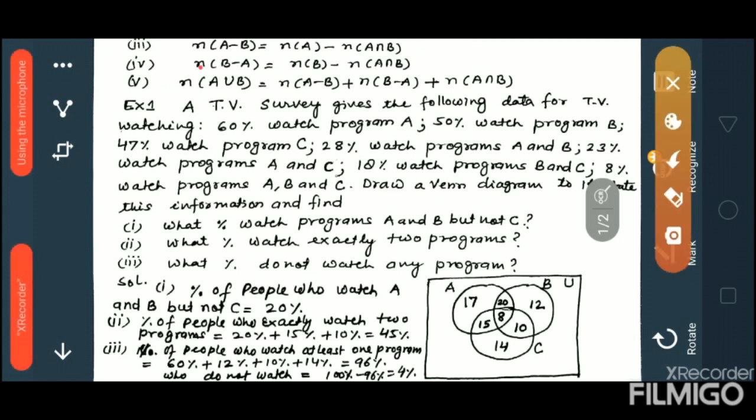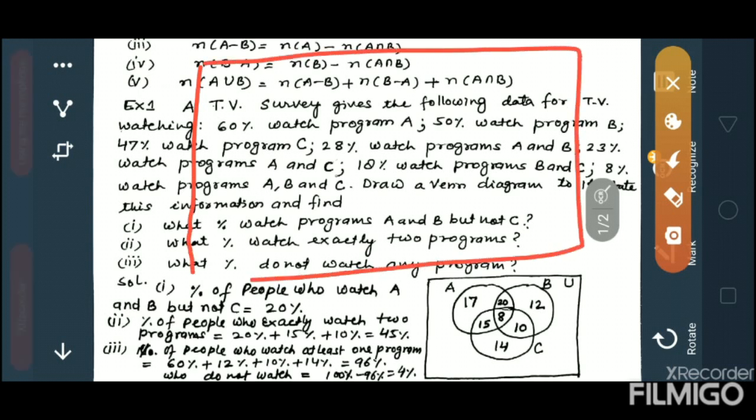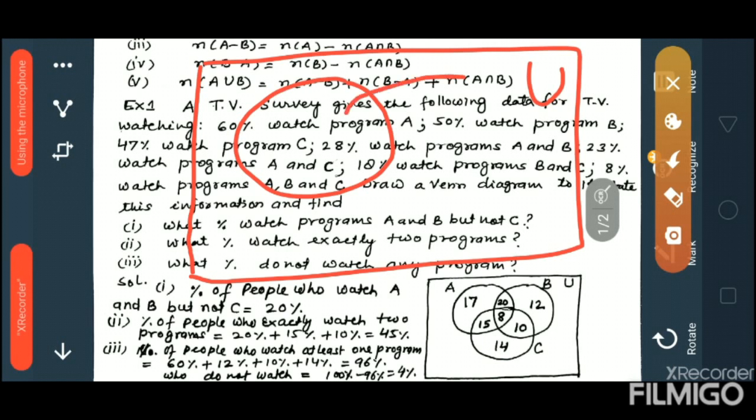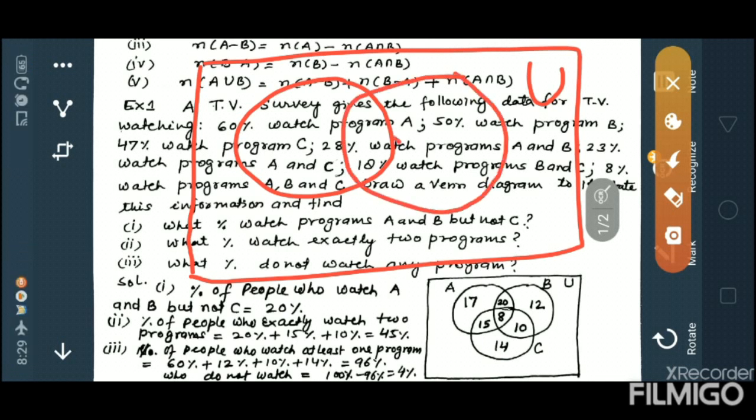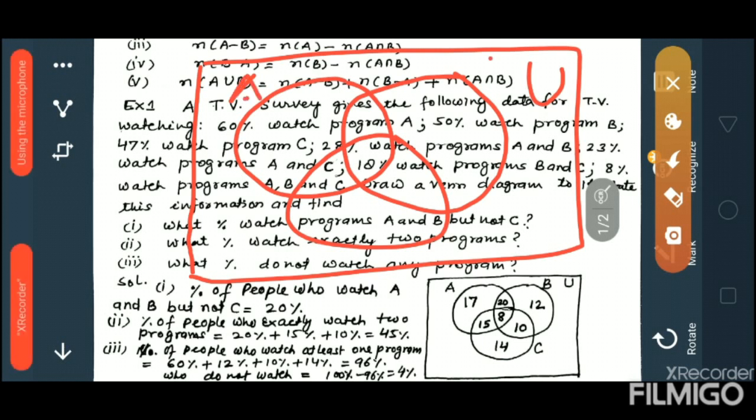Now let's draw the universal set like this. This is the universal set. Take 3 sets, A, B and C. This is A, B, this is C. Now first we write the number of people who watch all the programs.